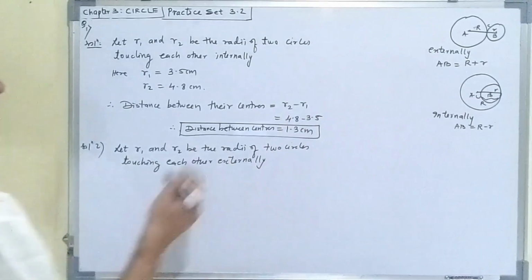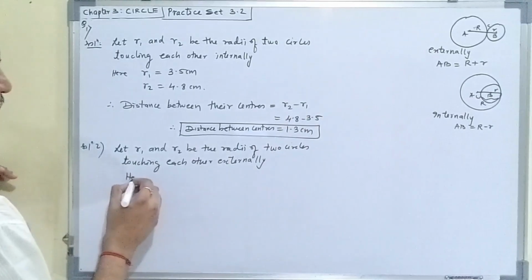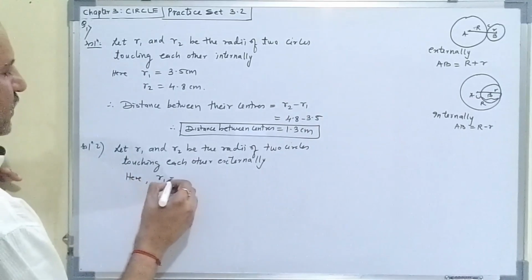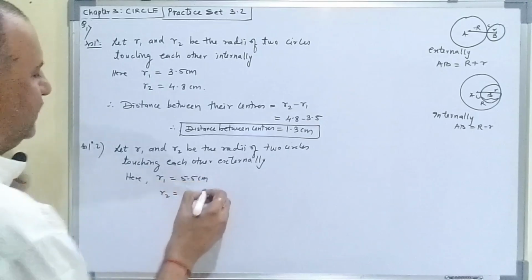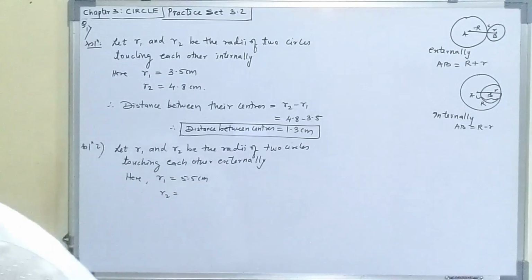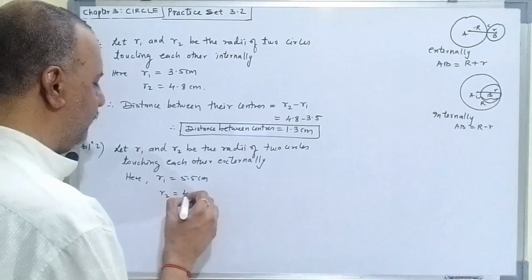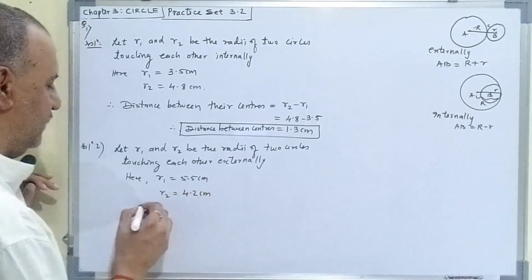मतलब ये here R1 equal to 5.5 centimeters and R2 equal to 4.2 centimeters.